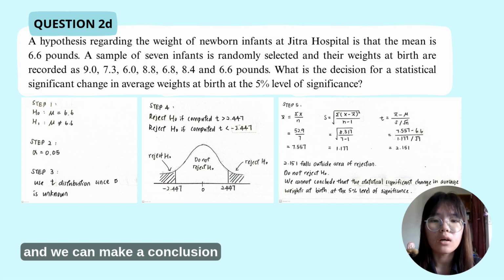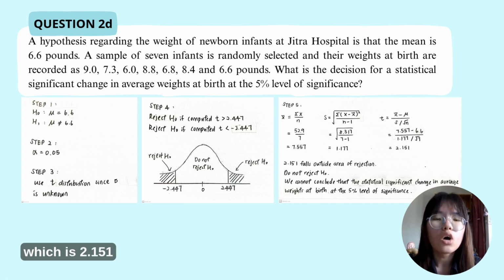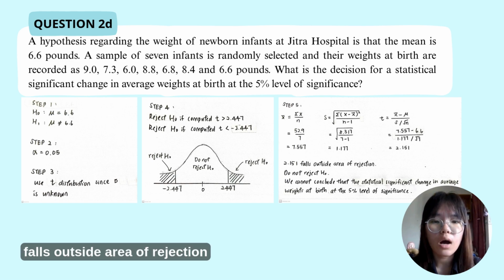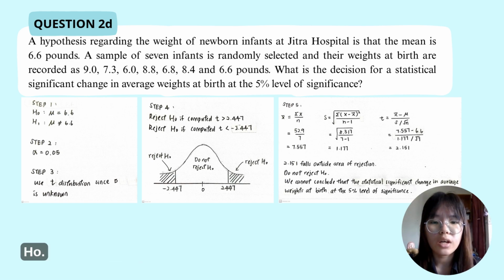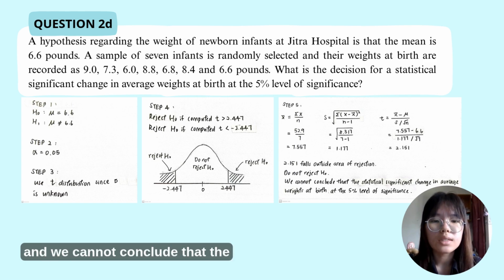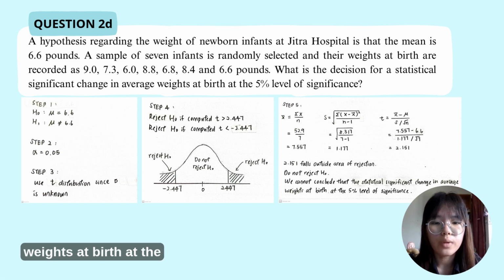We can make a conclusion: 2.151 falls outside the area of rejection, so do not reject H0. We can conclude that there is no statistically significant change in average weight of birth at the 5% level of significance.